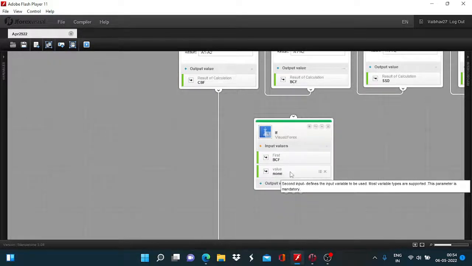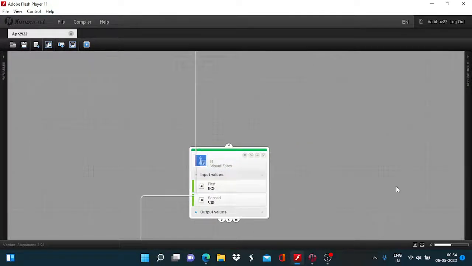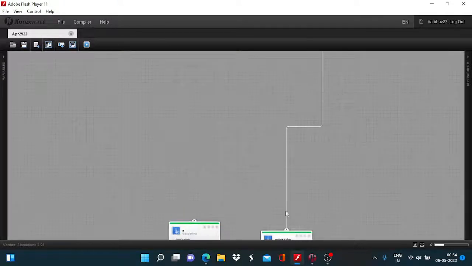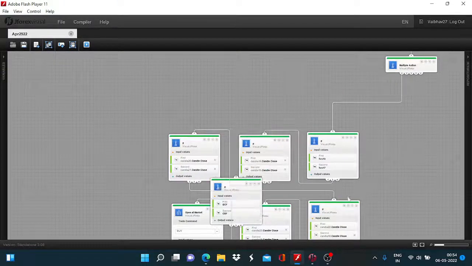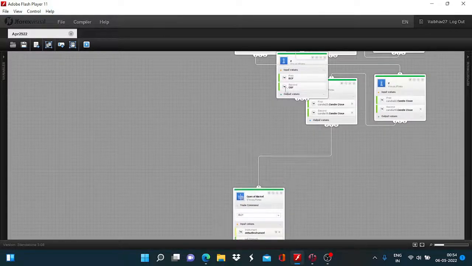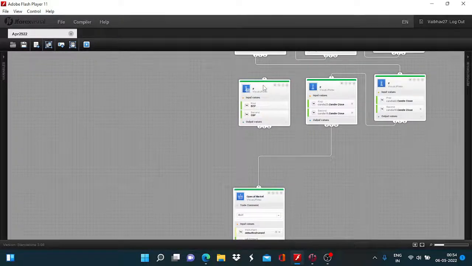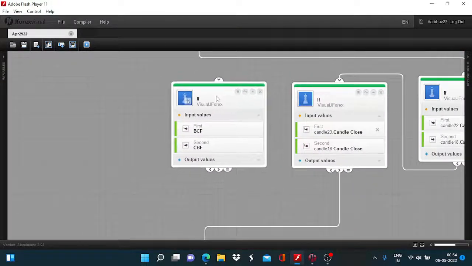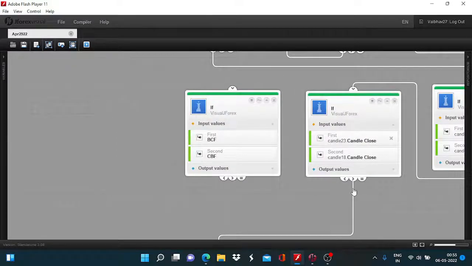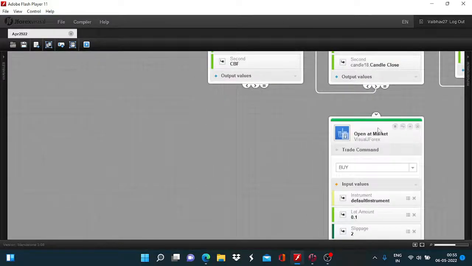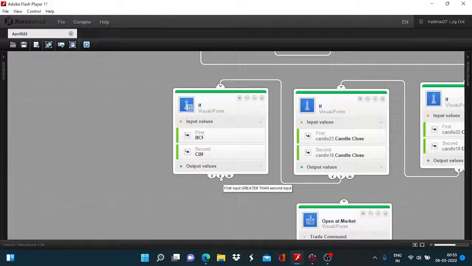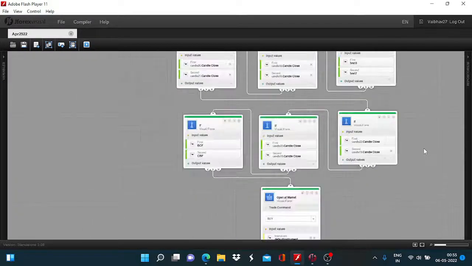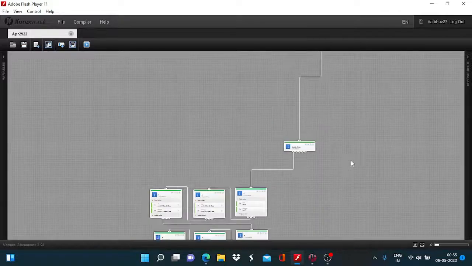And here the second input should be greater than the first input. Everything else remains the same. Second input greater than first input. So with this, we have now fully defined the conditions for the execution of the buy trade.